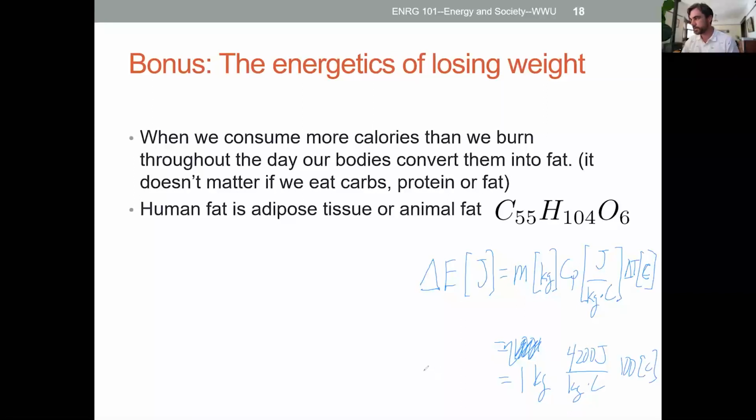Then we will need 4,200 joules of energy to lift that water's temperature by 100 degrees. All right. Thank you. Yep.